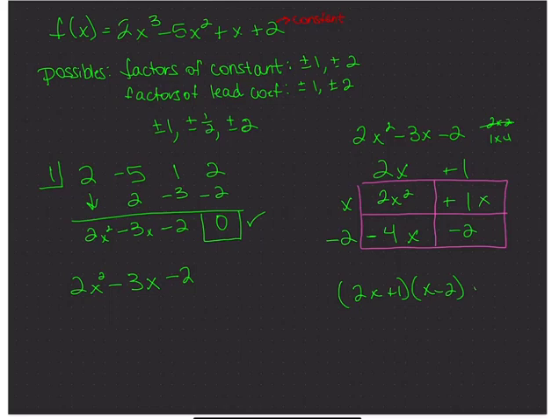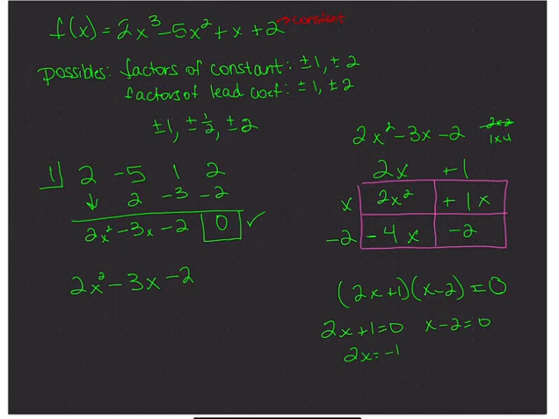I'm trying to find those zeros, so I know that guy equals 0. Zero product property tells me one or the other has got to be 0. So either 2x plus 1 has to equal 0, or x minus 2 has to equal 0. Subtract 1 from both sides. 2x equals negative 1.